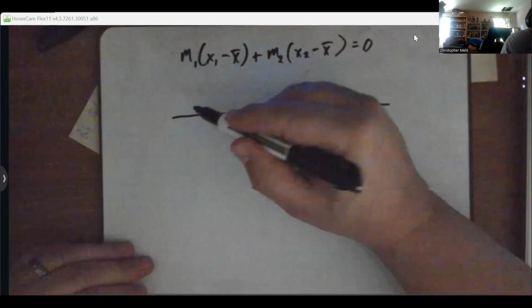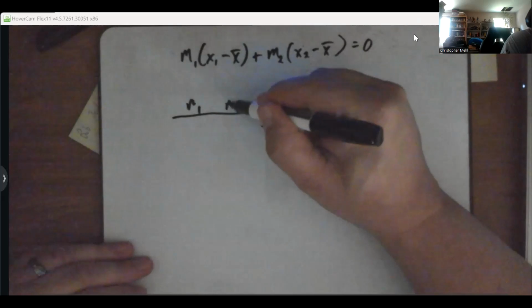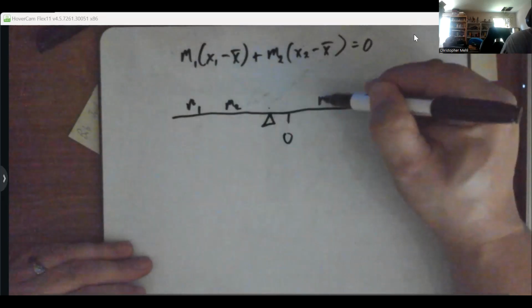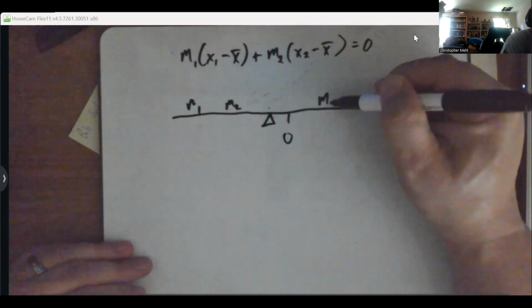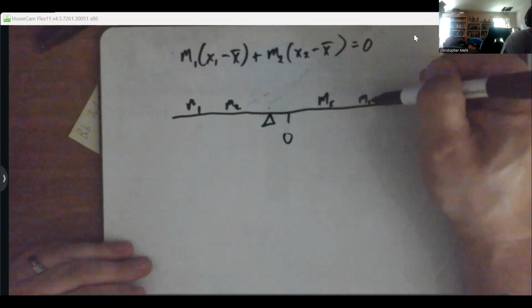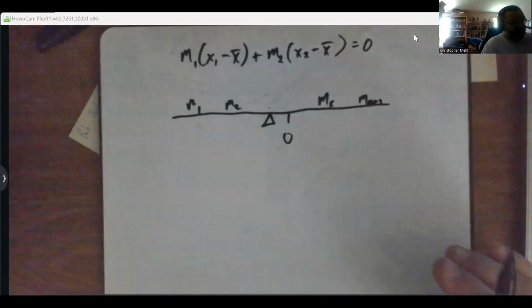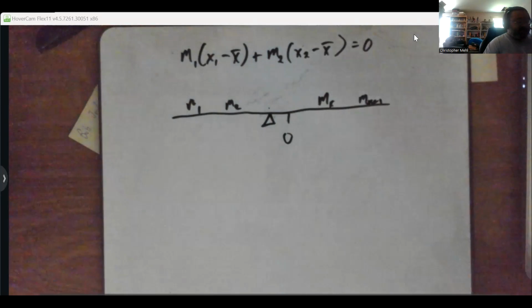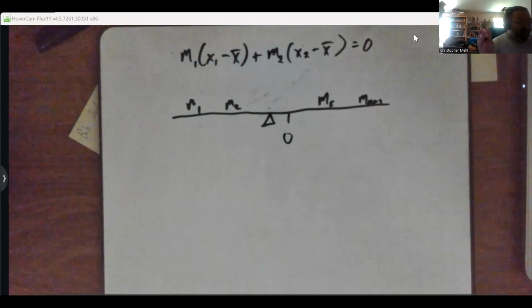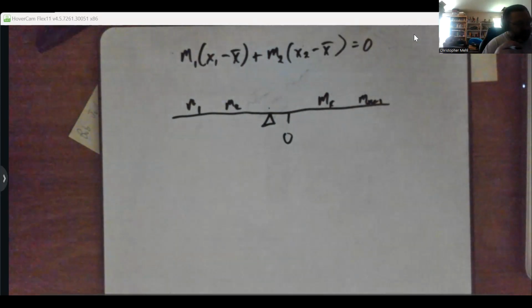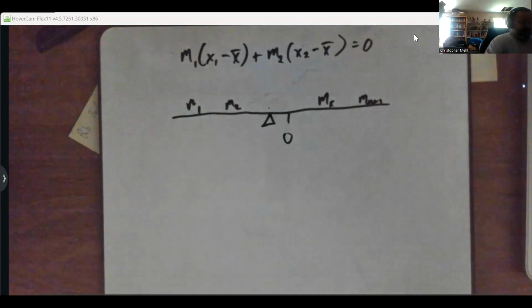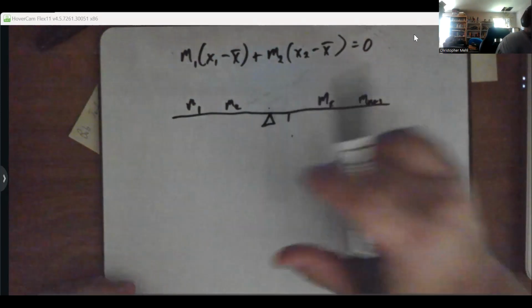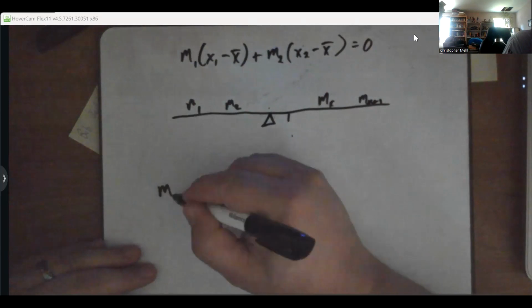Maybe I've got M1, M2, and M k, M k plus one, you get the idea. So I've got a whole bunch of masses, some on one side of zero, some on the other side of zero, but they're all balanced out. The seesaw is perfect.